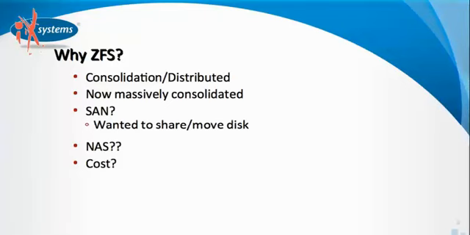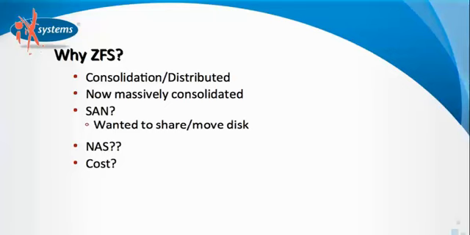SAN, when it first came out, was the answer to this question: a storage area network, having all the disks in a single frame, and being able to partition out a piece of those disks to the different workloads attached to that network. In practice, it didn't end up that way. In most SAN environments, you can't easily re-provision disk from one workload to another.